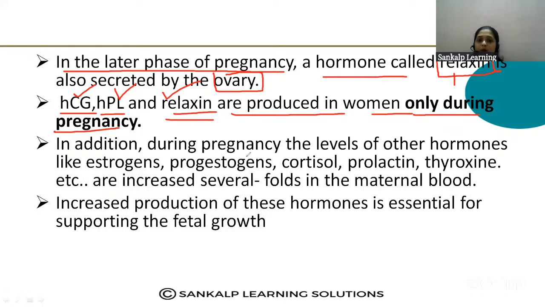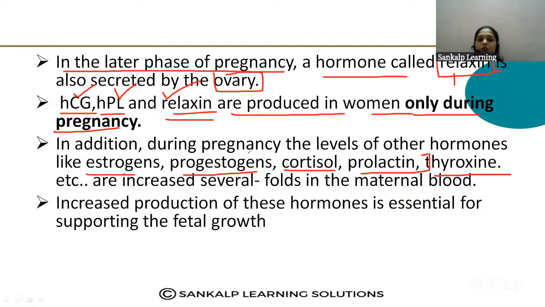During pregnancy, the levels of hormones like estrogens, progesterones, cortisol, prolactin and thyroxine increase several folds in the maternal blood.